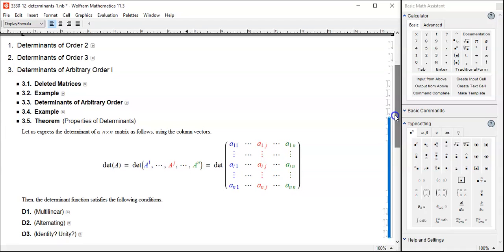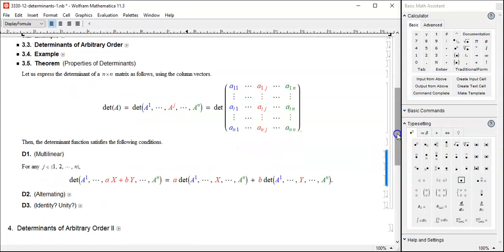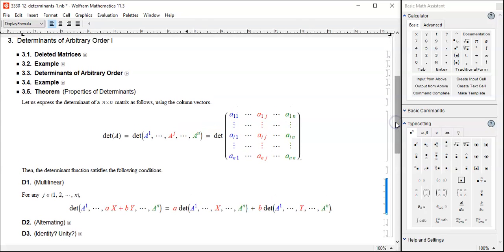Okay, next property. The basic properties of determinants, D1, D2, D3: multilinear, alternating, and identity properties. Multilinear is an extension of bilinear and trilinear. There are n columns now, so we need n linearities put together. Fix all the other columns, and in the jth column, let's have a linear combination ax plus by.